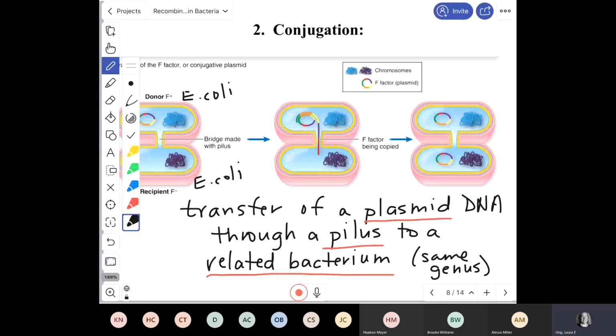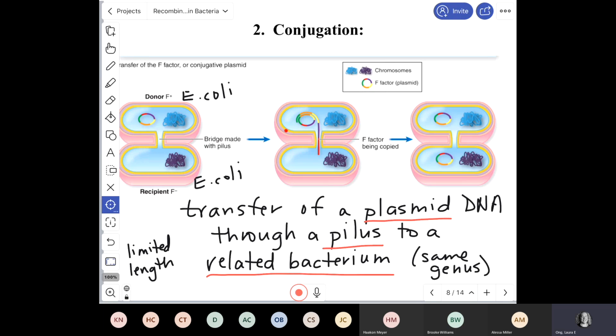Something else that is different about this than transformation is you have a limited length, because some parts of this plasmid are other genes, like plasmid maintaining genes, and you don't have an unlimited length ability like you do with transformation.